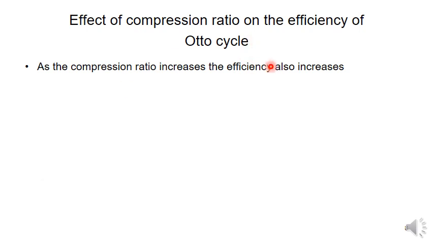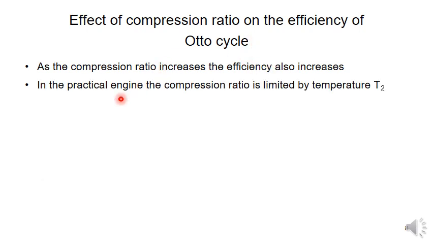As we increase the compression ratio, the air standard efficiency also increases. In a practical engine, the compression ratio is limited by temperature T2. If T2 is too high, pre-ignition occurs. The fuel air mixture will ignite spontaneously, that is pre-ignition, at the incorrect time.